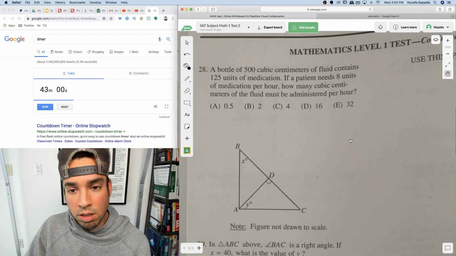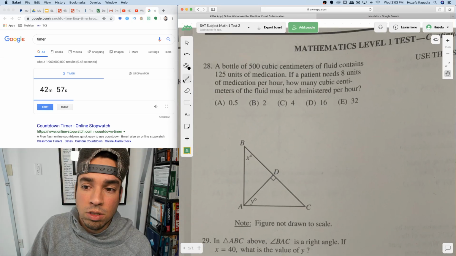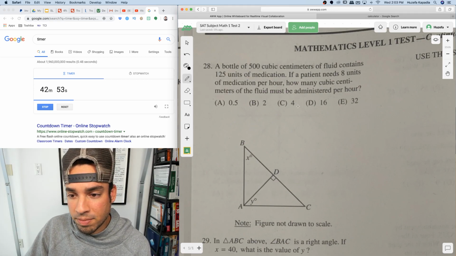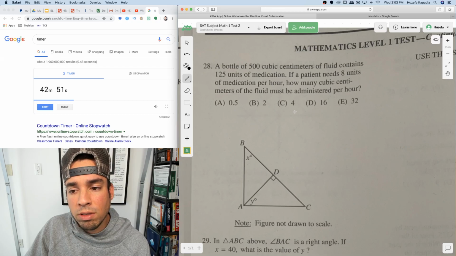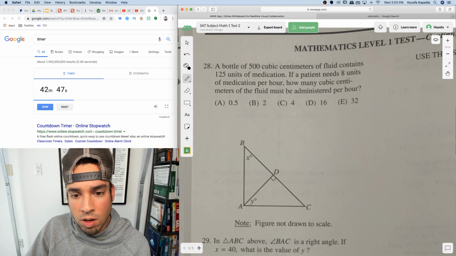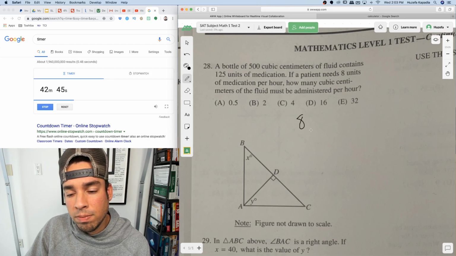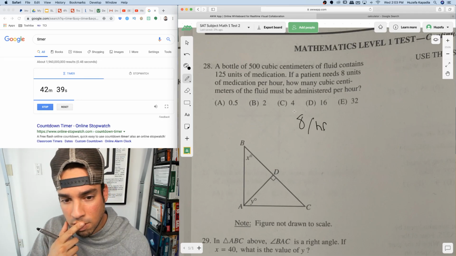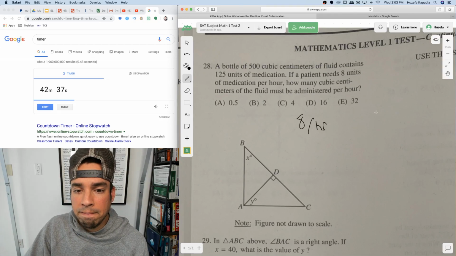Okay. A bottle of 500 cubic centimeters of fluid contains 125 units of medication. A patient needs 8 units of medication per hour. 8 per hour. Got it. All right.